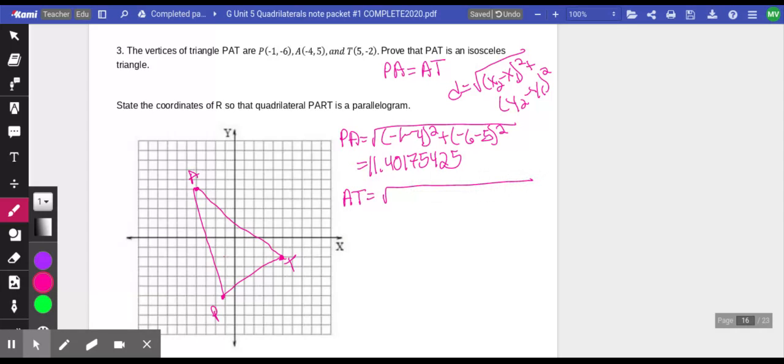So it's -4 minus 5 squared plus 5 minus -2 squared. So again, I do that on my calculator. I got the exact same answer. So that means those two sides are equal, so it's an isosceles triangle. Isosceles, two sides are equal.